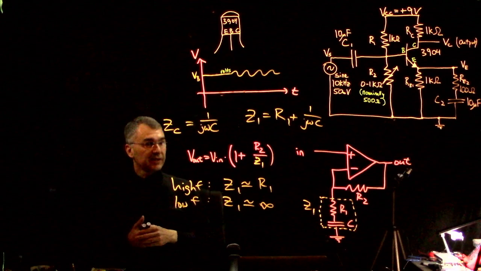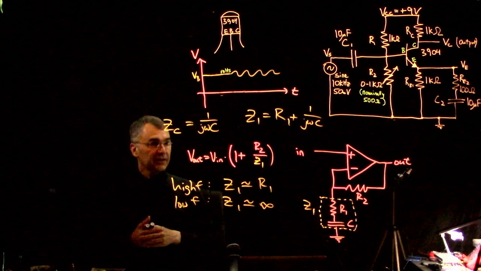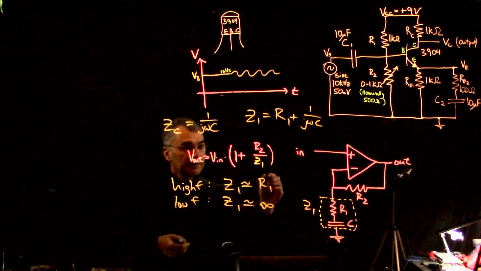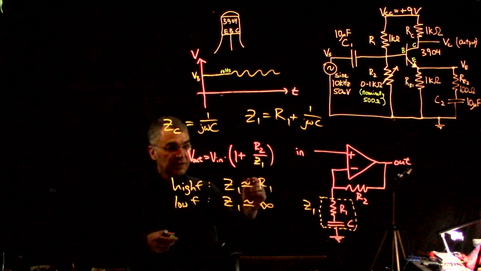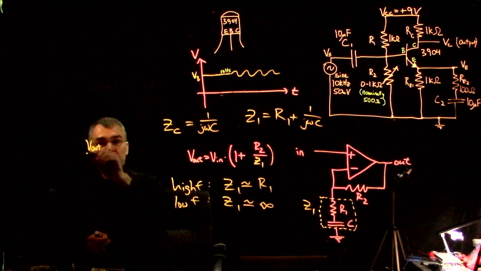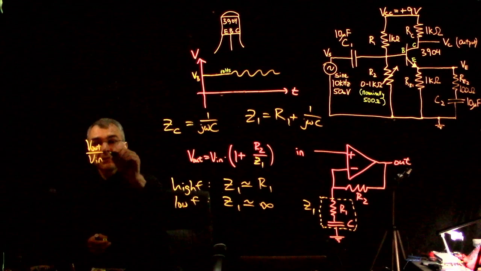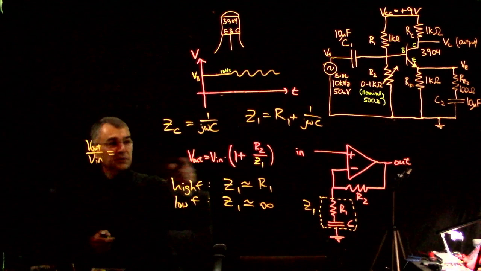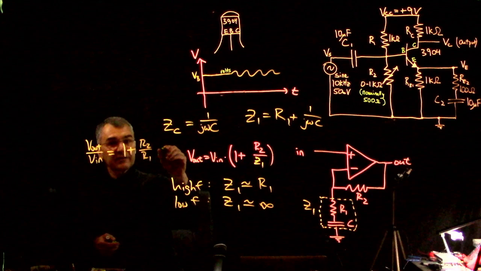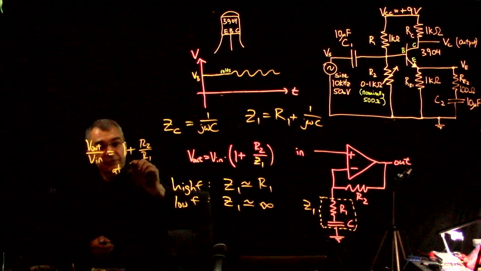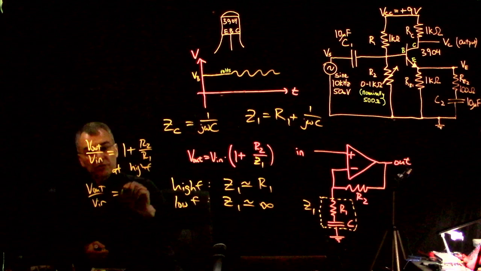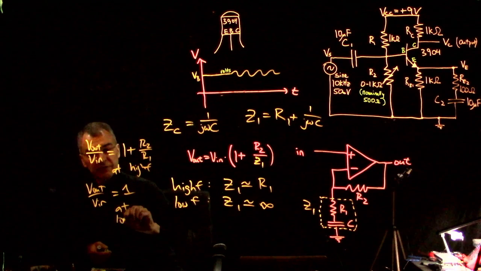So what that means is that at high frequency, V out over V in is 1 plus R2 over R1, and V out over V in is 1 at low frequency.